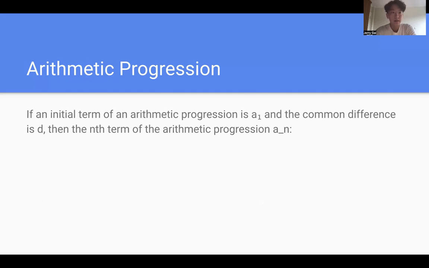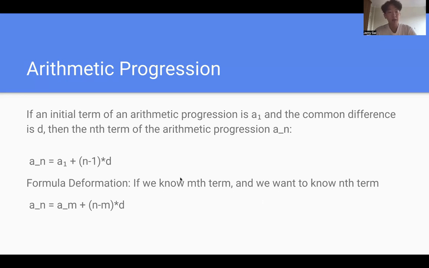For arithmetic progression, let's assume that the first term in the progression is a1, and the common difference is d. Then we can calculate the nth term of the progression by this formula: an is equal to a1 plus (n minus 1) multiplied by d.